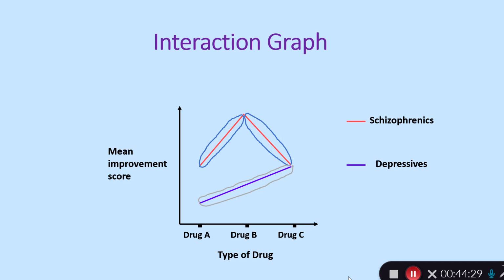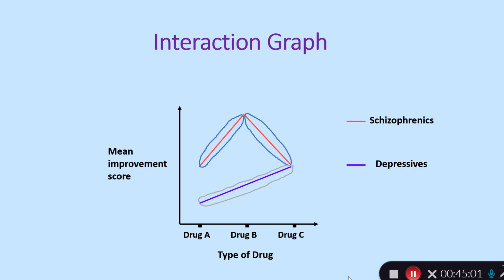We're going to compare their mean improvement score for depressives on drug A, the mean improvement score for depressives on drug B, and the mean improvement score for depressives on drug C. So an ANOVA comparing the 3 points for depressives on that blue line there. That's being circled with a greyish green type of oval shape. All right.